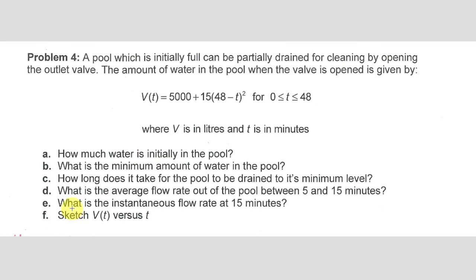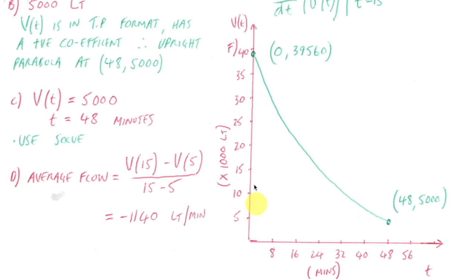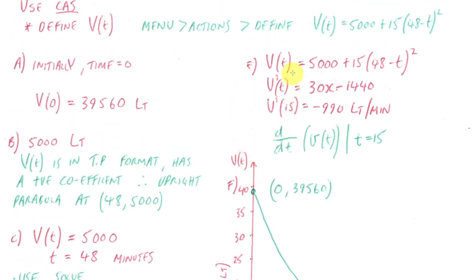E, what is the instantaneous rate of change at 15 minutes? So for E, V of t function, you then work out its derivative, and you substitute t equaling 15 into the derivative to produce minus 990 litres per minute. How do we do that on the CAS?